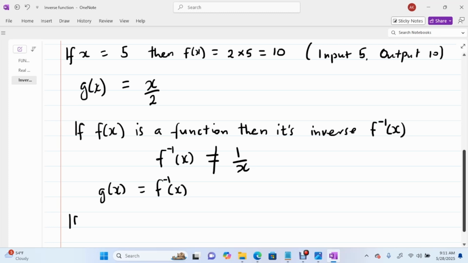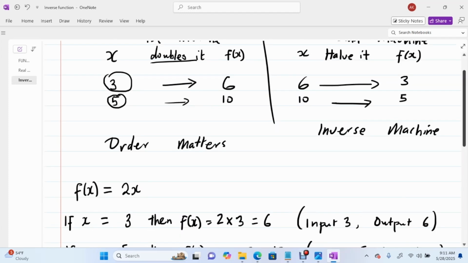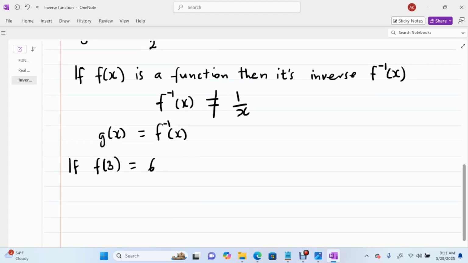So if f of 3 was equal to 6, then f inverse of 6 is going to be 3.